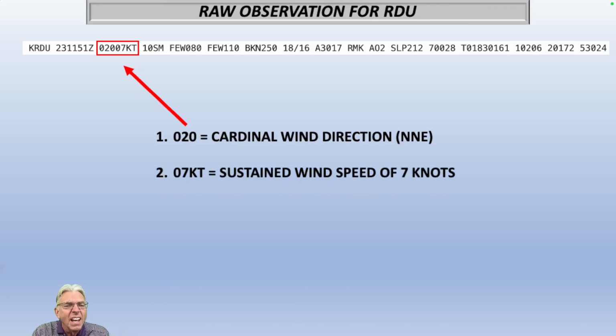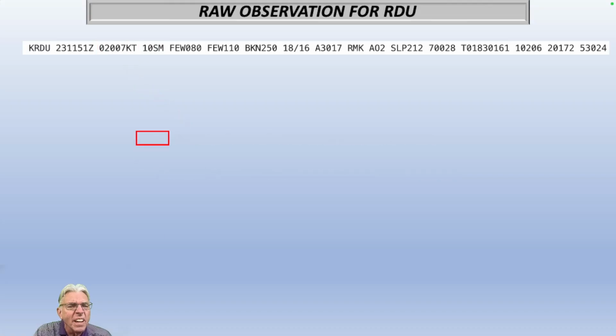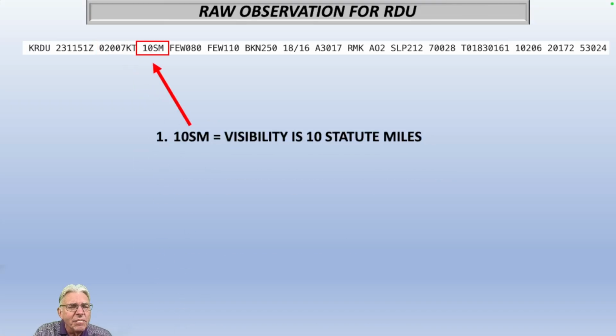The 07KT means that the sustained wind speed is 7 knots. One knot is equal to 1.15 miles per hour. So the higher the number, the greater the discrepancy between knots and miles per hour. Then 10SM means the visibility is 10 statute miles, not nautical miles, but statute miles, the kind of miles that we all deal with.